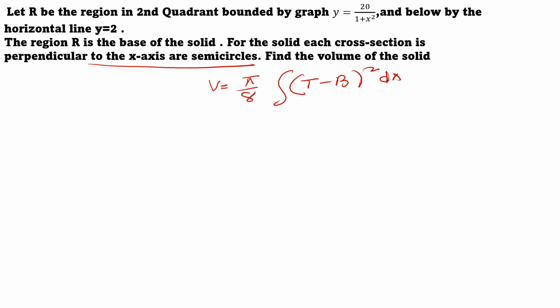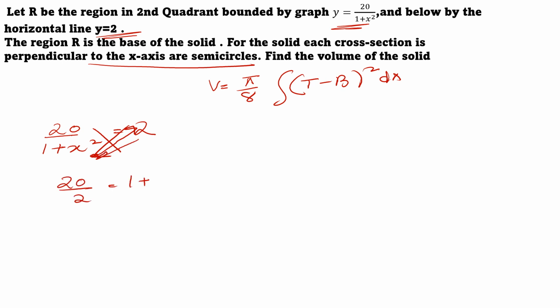Now we need to find the point of intersection. For that reason, we have to set the equations equal to each other. So 20 over 1 plus x square equals 2. Cross multiply: we bring the 1 plus x square to the top and 2 to the bottom. So we get 20 by 2 equals 1 plus x square. 20 divided by 2 gives us 10 equals 1 plus x square.